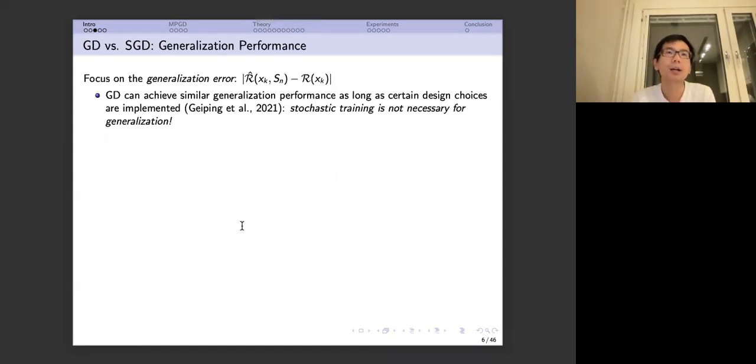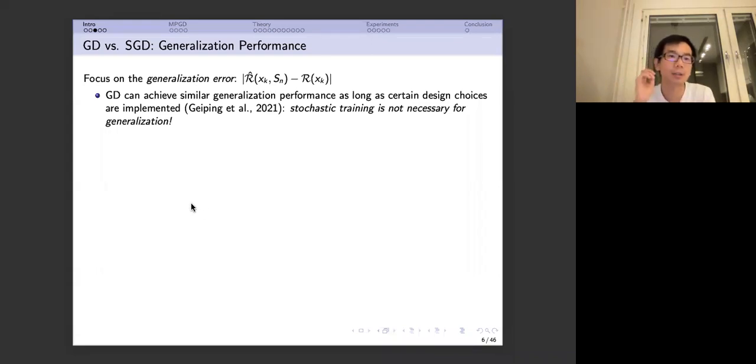There is a line of work that tries to understand gradient descent versus stochastic gradient descent from different points of view. In this talk, we want to focus on generalization performance.